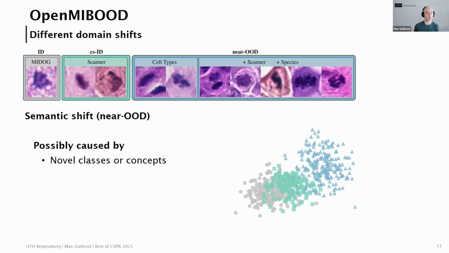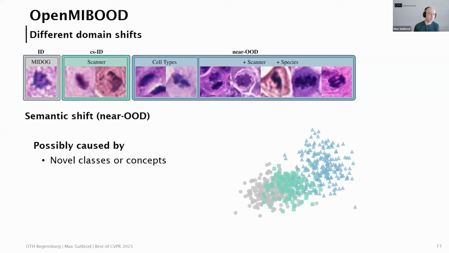And in the near-OOD data, we have different kinds of cells like lung, brain, or skin cells. And these all have a different cell morphology. And besides these, we also have cells captured with different acquisition devices, and also coming from a different species, in this case, canine species.